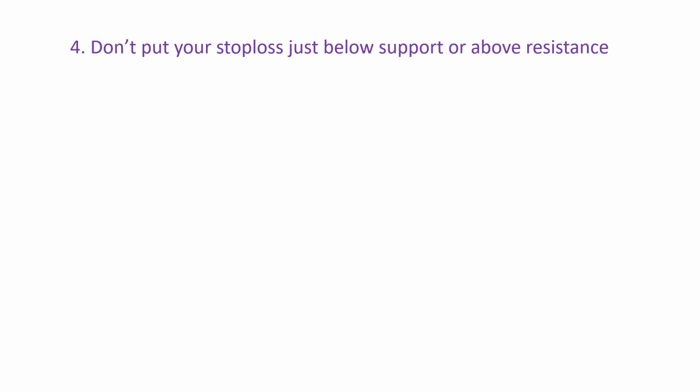Have you ever seen a situation where the price comes down to support and then bounces back upward due to a strong bullish engulfing or hammer formation at the support area, and you decide to enter the trade and put your stop loss just below support, waiting for the trend to go up in your direction?